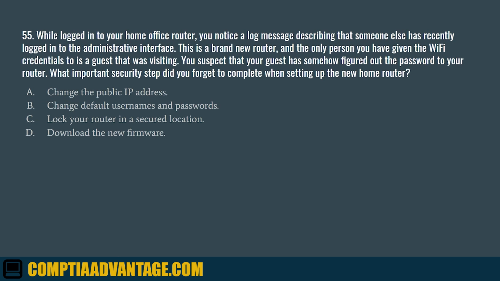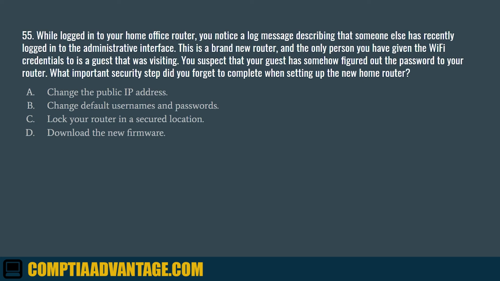Question 55. While logged into your home office router, you notice a log message describing that someone else has recently logged in to the administrative interface. This is a brand new router, and the only person you have given the Wi-Fi credentials to is a guest that was visiting. You suspect that your guest has somehow figured out the password to your router.